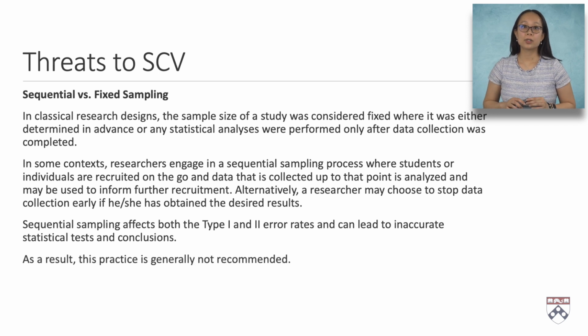These types of sequential sampling examples are sometimes associated with the somewhat derogatory phrase, data peeking. But more importantly, because of the effect that they have on the extent to which we can make valid conclusions, this practice is generally not recommended.